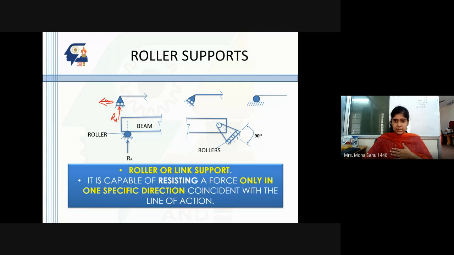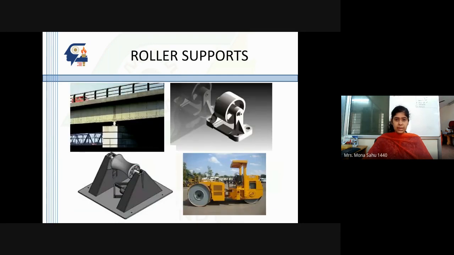And this is an inclined one. So your reaction force will always be perpendicular to the surface. Here also the reaction force is going to be like this, not like this. So it is capable of resisting force only in one specific direction. Next, these are the types of roller supports that we have.